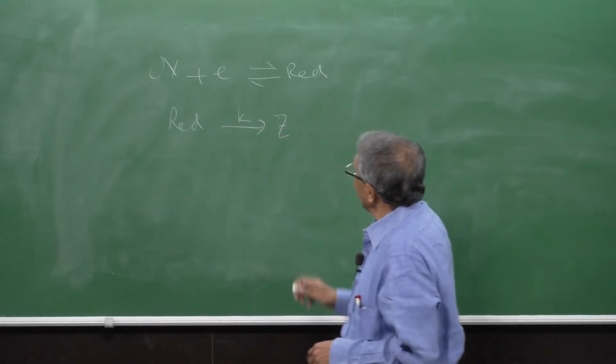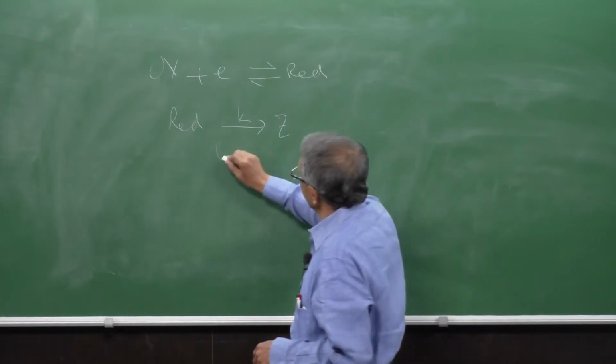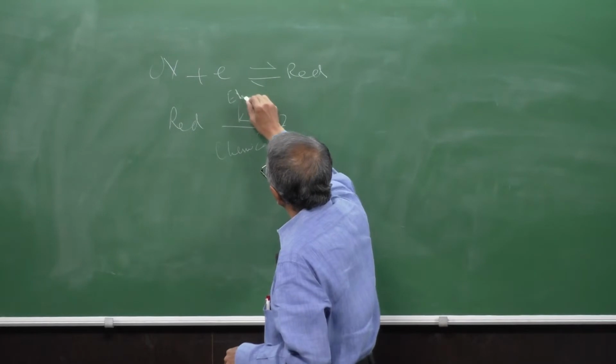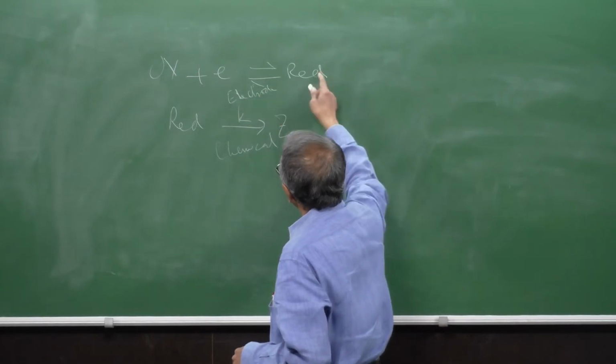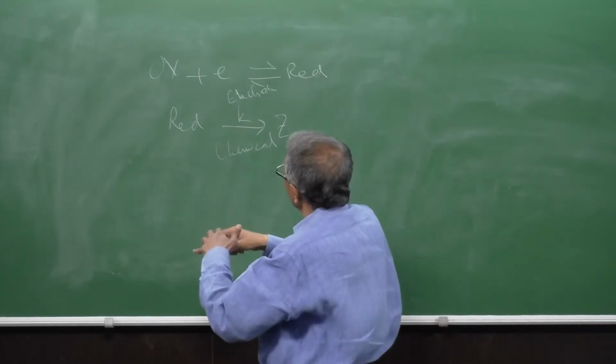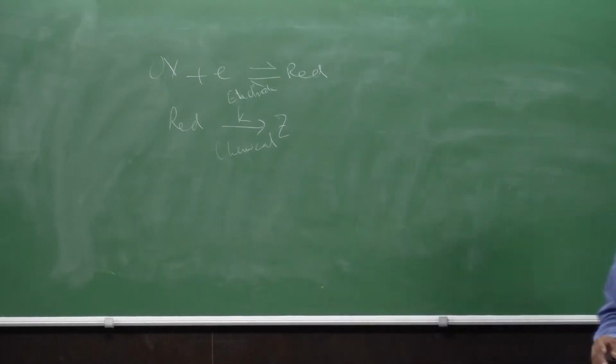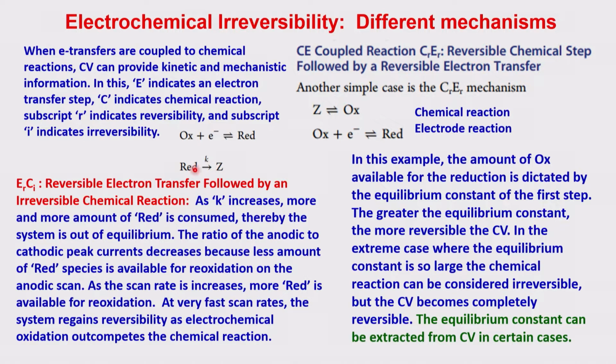This is a chemical reaction, and this is an electrode reaction. It occurs at the electrode, and that means this species is not available in sufficient amount, or not available at all. That depends upon the rate of this conversion.